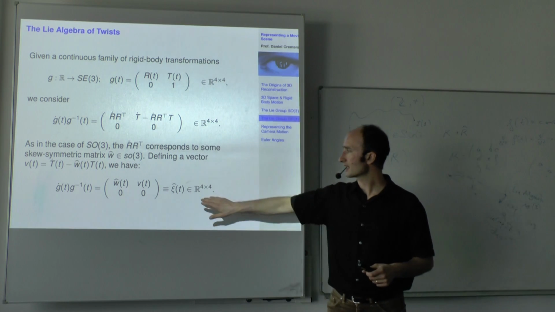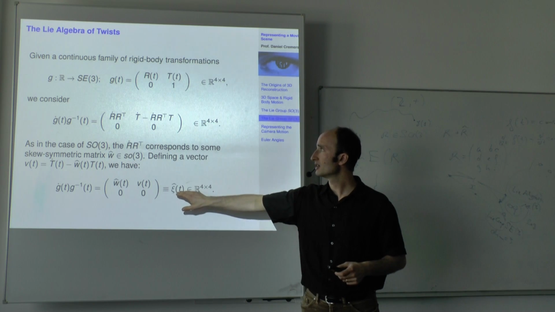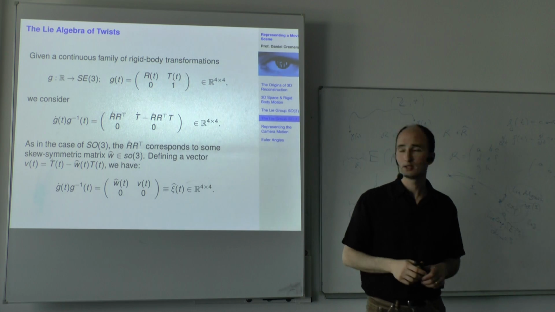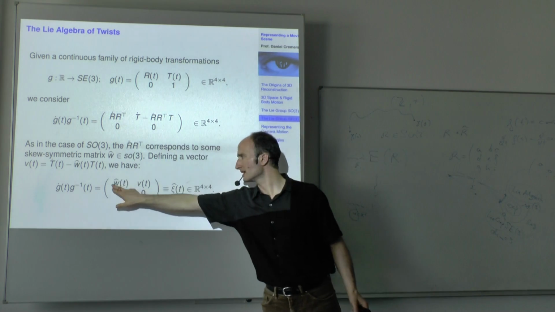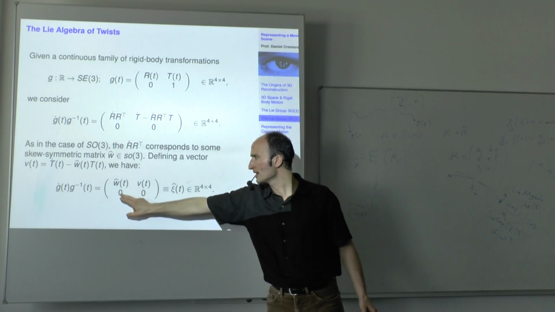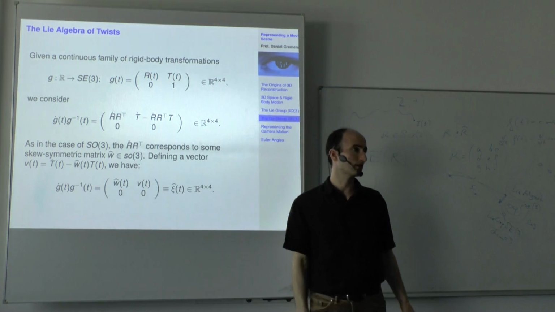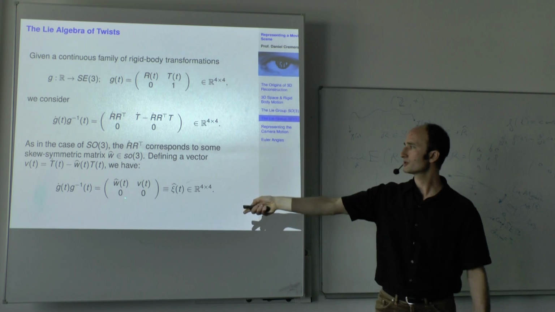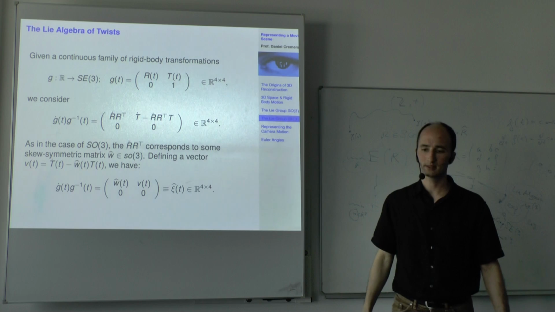And so these actually form the Lie algebra little se3, that is the twists. You see they're almost the same as the skew-symmetric matrices, but in addition there's a three-dimensional vector appended, and then 2 zeros to make it a 4×4 matrix.